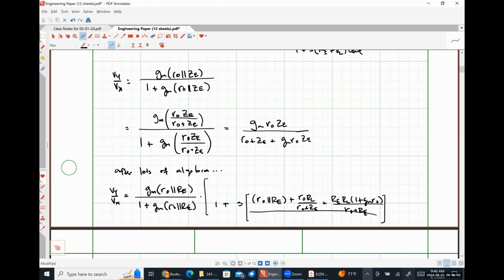That whole thing, sorry, that line got away from me. 1 plus GM R naught in parallel with RE. That big ugly resistance multiplied by C out. And then my numerator is a nice 1 plus S RLC out.